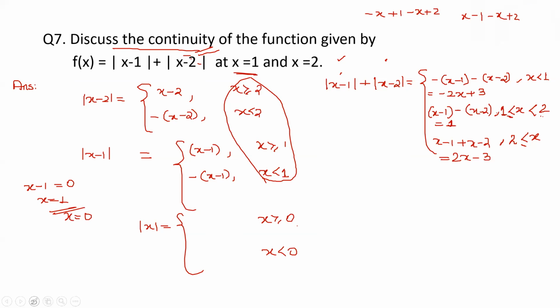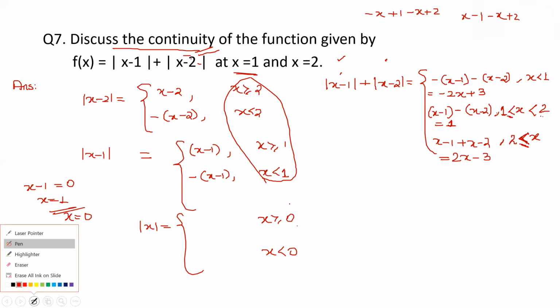In the first equation, we got minus 2x plus 3. Why don't we take the condition as x less than or equal to 1? So you're saying that here, why are we not taking x less than or equal to 1? Yes, sir, because in the last one we have taken x less than or equal to 2, and 2x minus 3. In that last equation, we have taken x greater than or equal to 2. Yes, sir. Okay, so always take equal to with the greater sign.